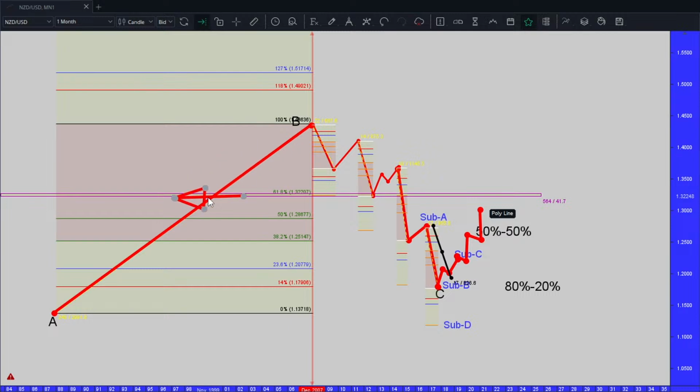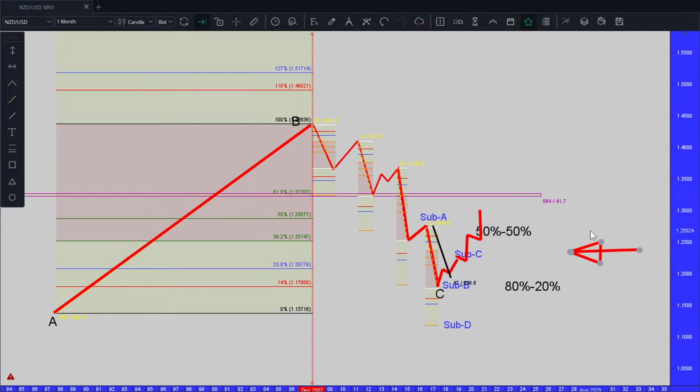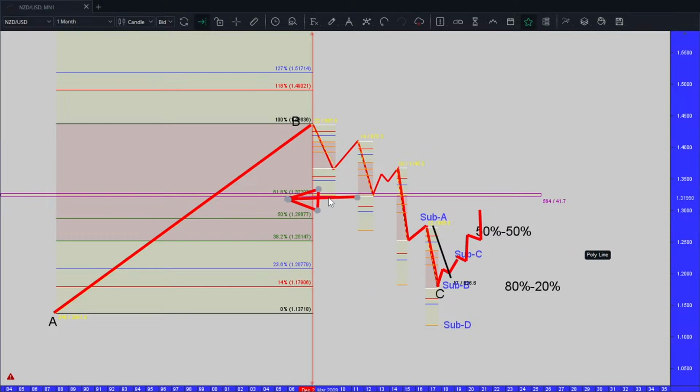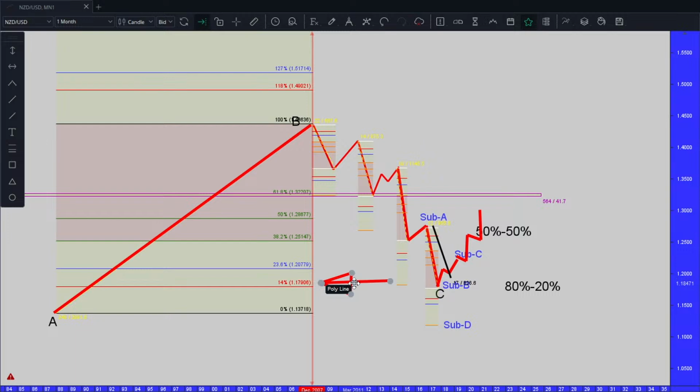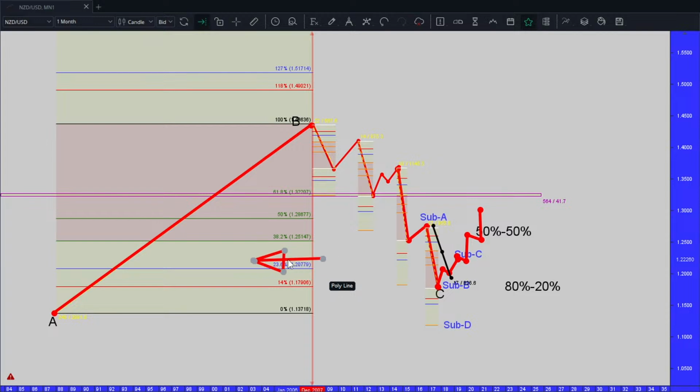But between those two, 8 times out of 10, the original Fibonacci is stronger. Why did I say 8 times out of 10? Because it depends how the weekly and the monthly are positioned too.